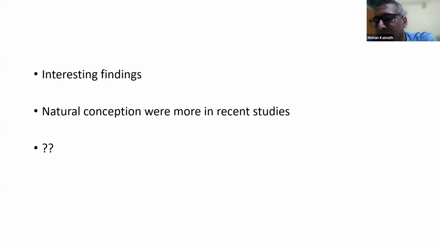Why do you think natural conceptions were found to be more in the recent studies? Because we have developed more technology in ARTs, even subfertility patients are offered ART at an earlier stage compared to previous years when ART was very new. It was offered only in extreme conditions or at a later stage. That's a very good way of looking at it. I'm a little less forgiving.